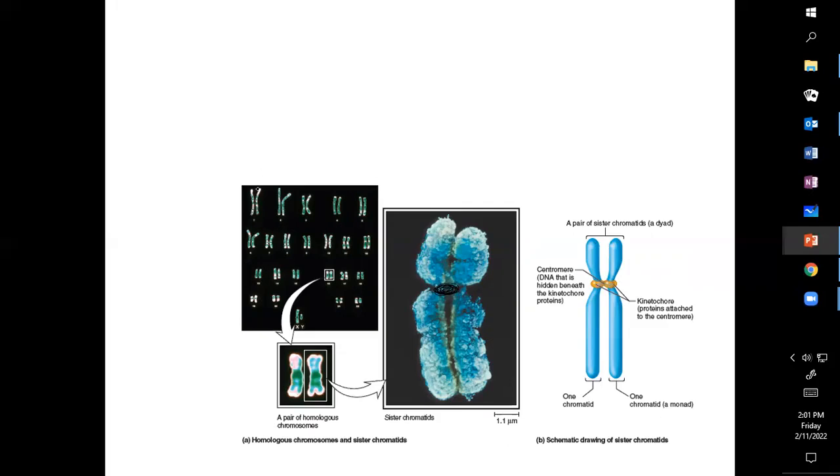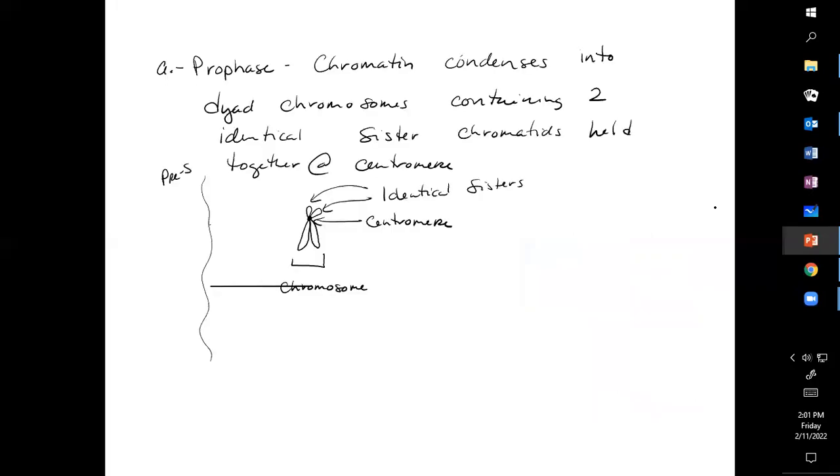Now, this is just one of these pairs, right? So if we go back here, in the cell, you would also have the homolog to this. I'm just going to put it over here, and I'll make it with little hash marks. So these are the same chromosome. Let's say it's chromosome number 3.